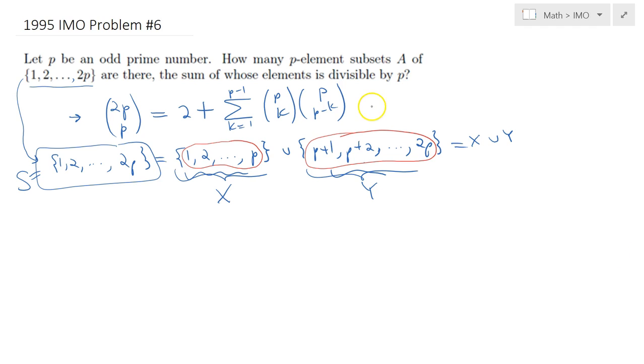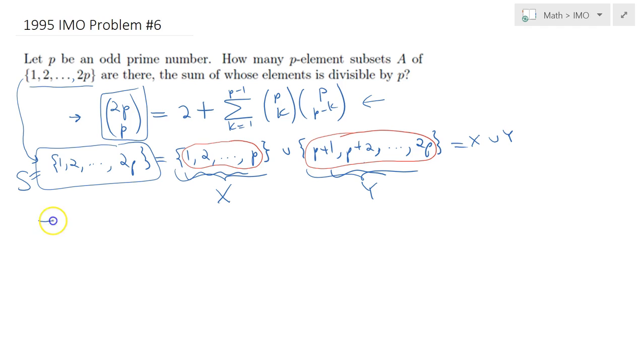Now what we need is, among these 2p choose p sets, how many of them have the sum of their elements divisible by p, or congruent to 0 mod p, a remainder of 0 in mod p. We will do the following trick.